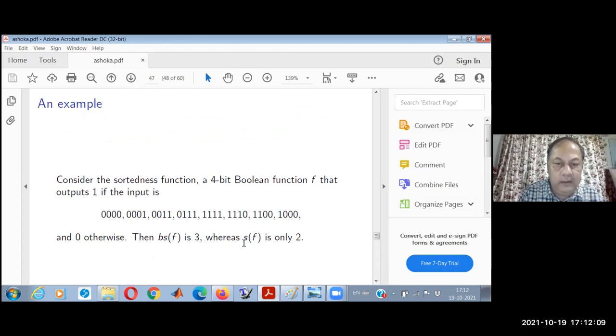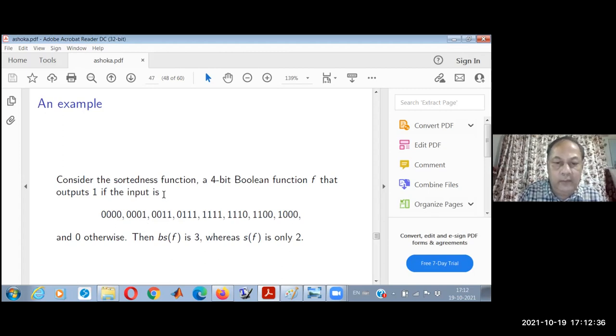Let me show you why the sensitivity is 2. If you look at the first tuple, if I change the first 0 into a 1, it doesn't change because there also the function is 1. But if I change the second 0, it becomes 0, 1, 0, 0, which you don't find in this list. So the function takes the value 0. Then if you change the third 0, you get 0, 0, 1, 0.